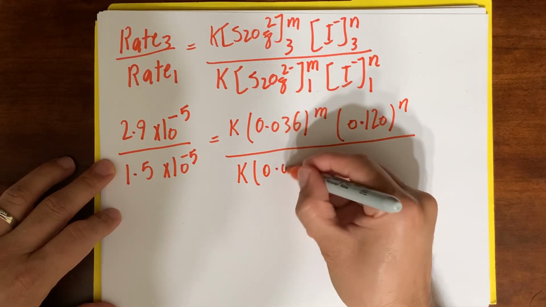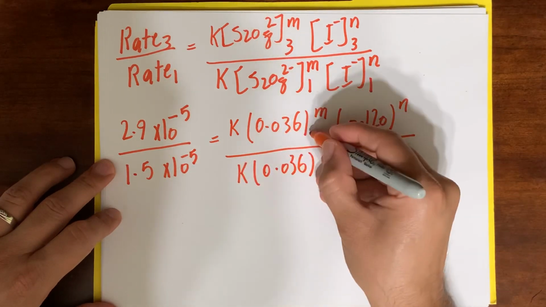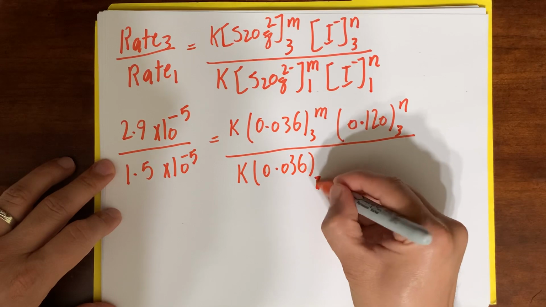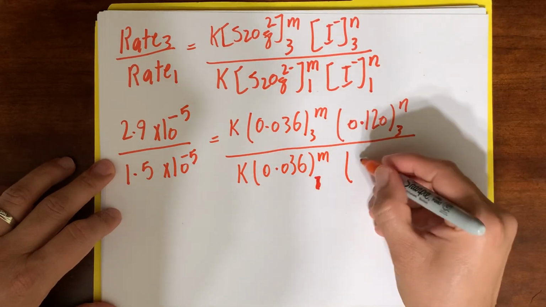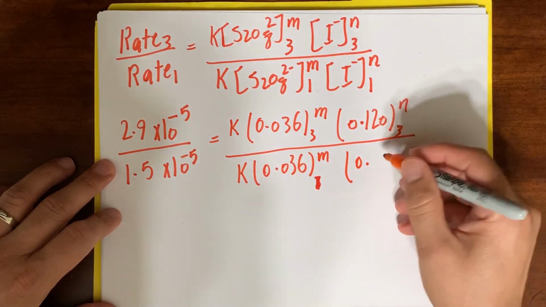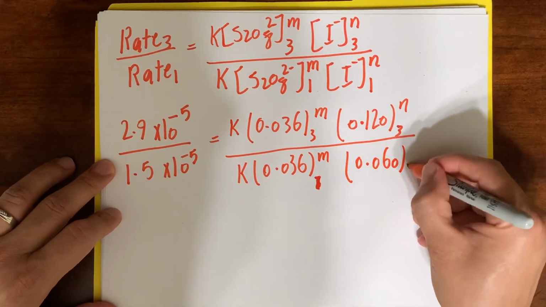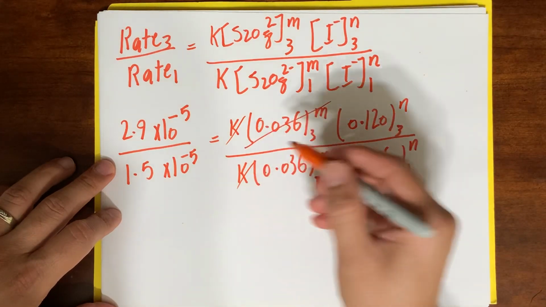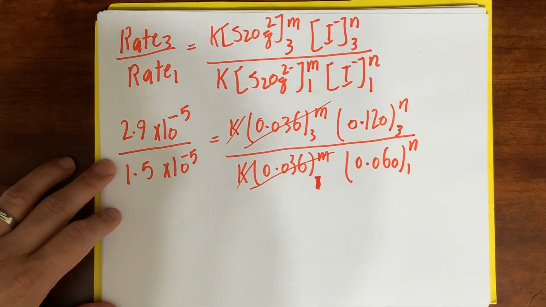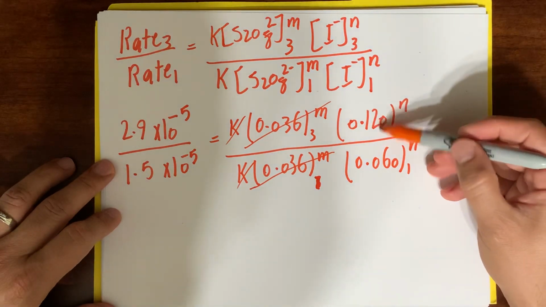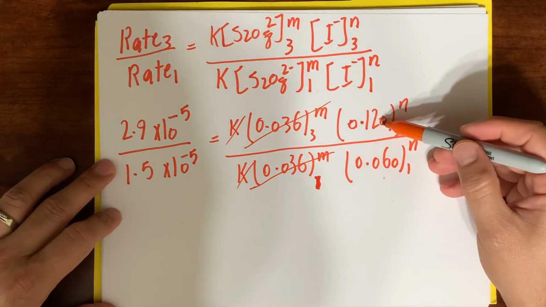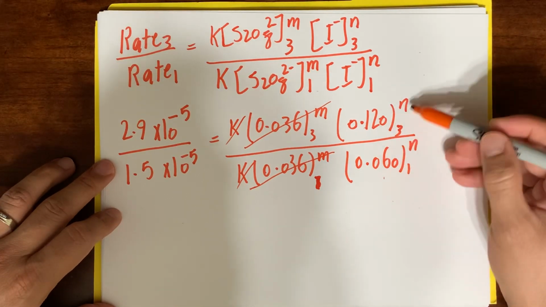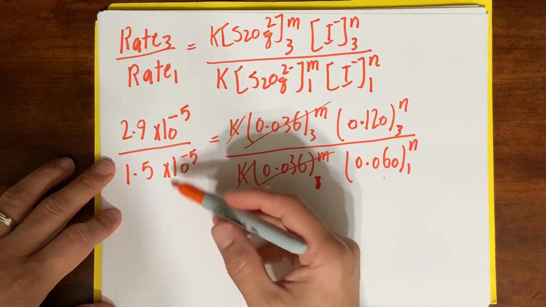This one is again 0.036 from the first experiment, and iodide is 0.060 to the power of n. So k by k got cancelled. The entire S2O8 term will cancel as well. So we're going to get 0.120 divided by 0.060, which is going to be 2 to the power of n. And this side is going to be 1.93.